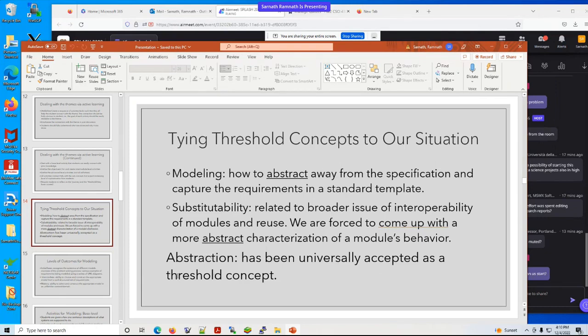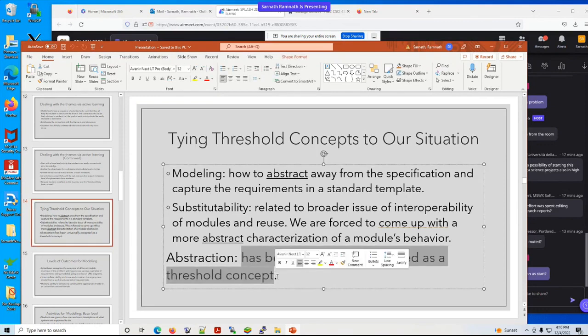Okay, and so this is all about abstraction, and abstraction has been universally accepted as a threshold concept. Okay, and there is some literature that points to it. There is some disagreement as to how threshold should be identified and so on and so forth, but the notion that students need to understand abstraction, and once they grasp abstraction, they've crossed a threshold as far as the computing disciplines are concerned.